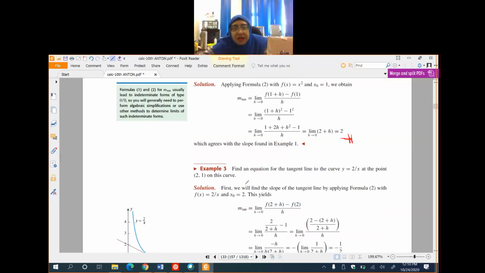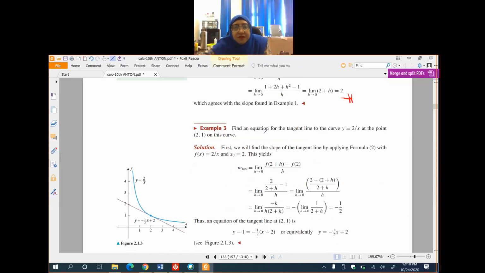Okay, and then we have example 3 here. Find an equation for the tangent line to the curve y equal to 2 divided by x at the point 2, 1 on the curve. So you have y equal to 2 divided by x, and you have a point 2, 1.